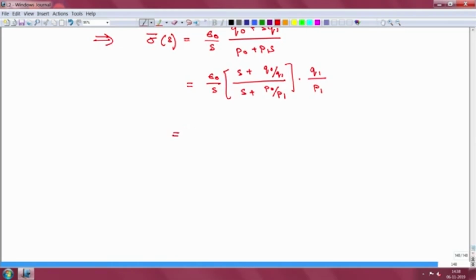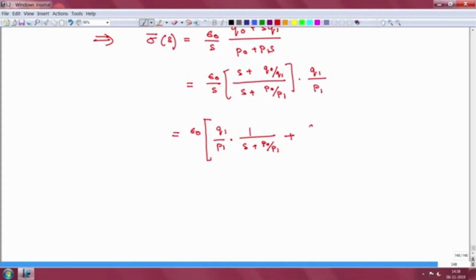So, now this is equivalent to epsilon naught. This S I am going to take inside, and I am going to open the bracket here and see what I get. We have Q1 P1, 1 by S plus P naught by P1. This S and this S get cancelled for this first case.